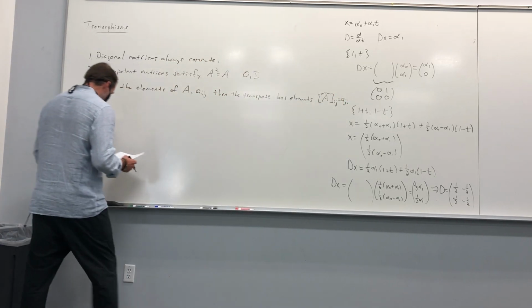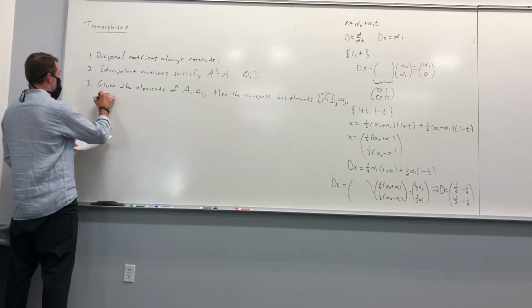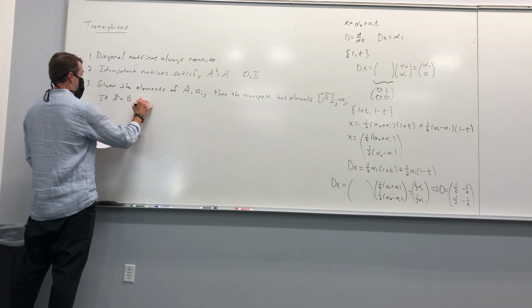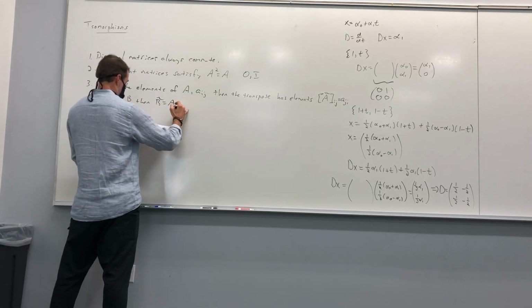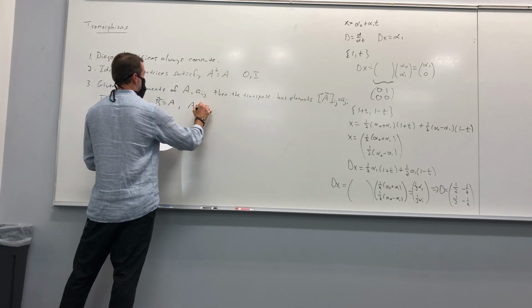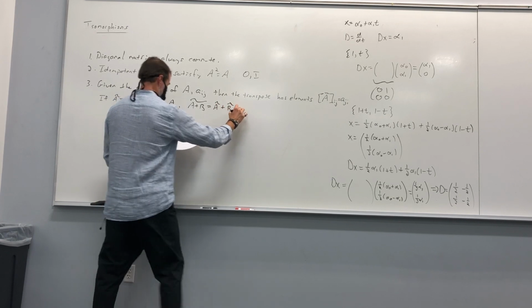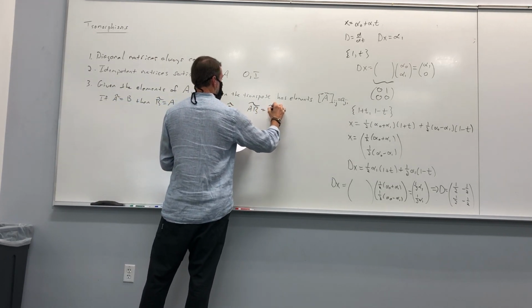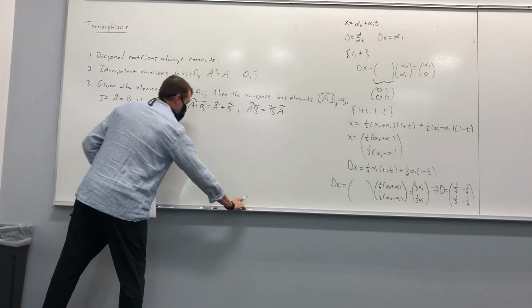Okay? Now what's important is the properties of transposes. That is, if A twiddle equals B, then B twiddle equals A. And (A plus B) twiddle is A twiddle plus B twiddle. And last but not least, (AB) twiddle is B twiddle A twiddle. Okay?